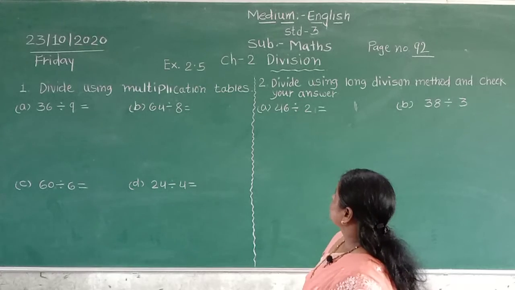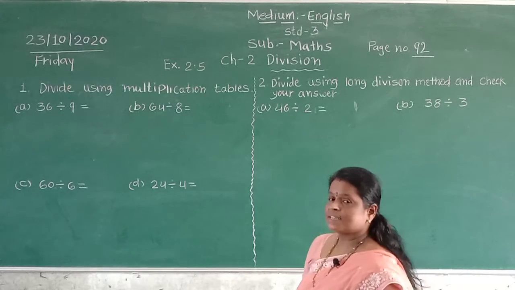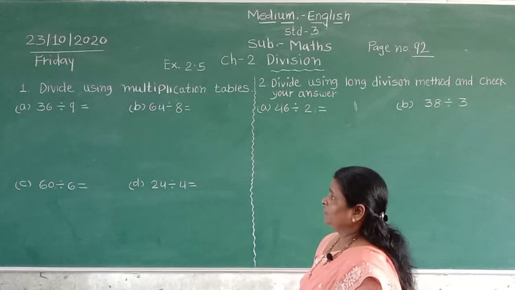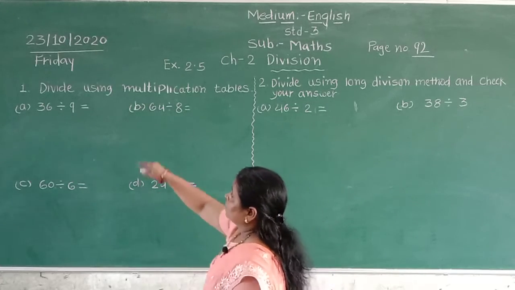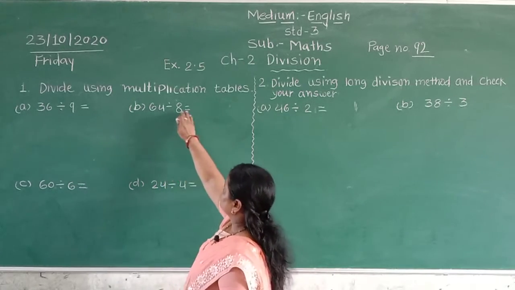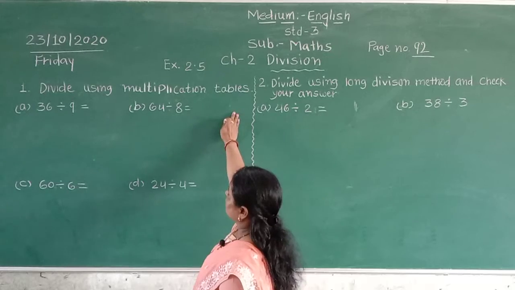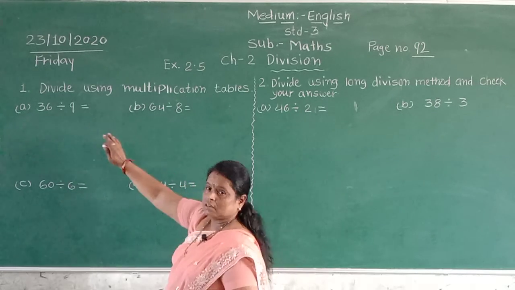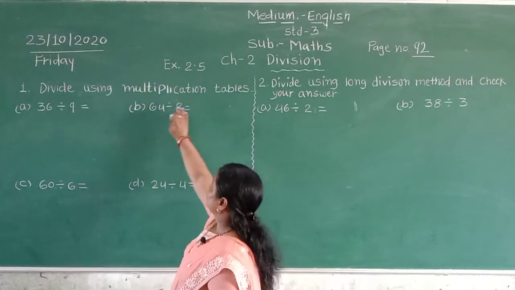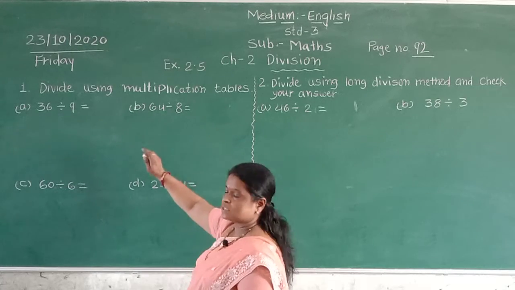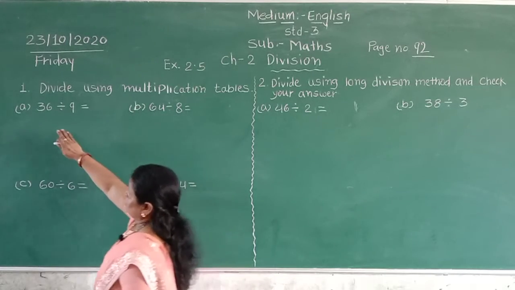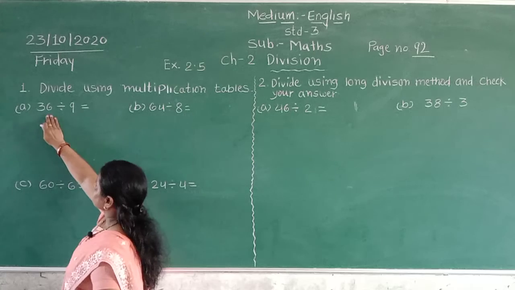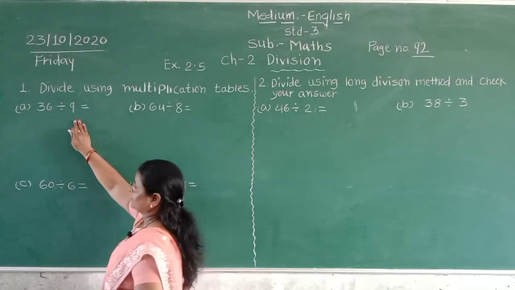Chapter number 2, Division. Exercise number 2.5. First question, divide using multiplication tables. So here the first sum is 36 divided by 9.